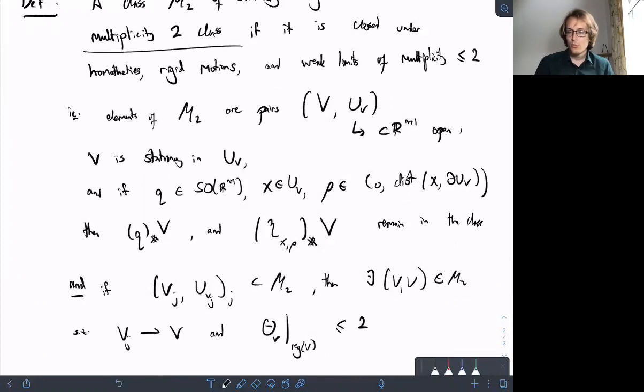So the reason we want to work with a multiplicity 2 class is primarily just to simplify some of the arguments seen in Nishan's stability paper to those seen in Leon's cylindrical tangent cones, for the graphical representation and the estimates involved.